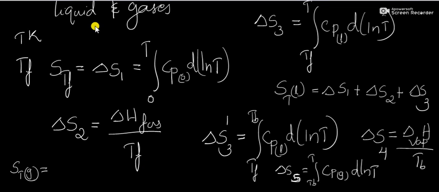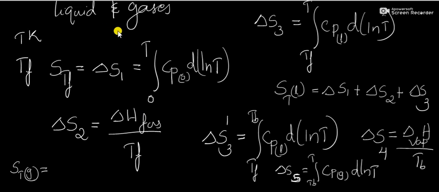Now consider the determination of absolute entropies of liquids and gases. The total absolute entropy of a substance in liquid or gaseous state at T Kelvin at atmospheric pressure can be taken as the sum of all the entropy changes that occur during its transformation from the crystalline state at 0 Kelvin to the current state.